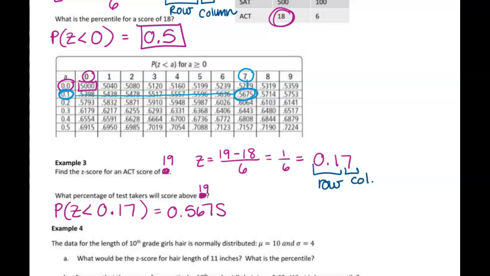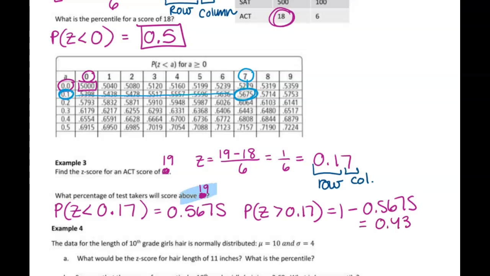But now what we wanted to know is what percentage of test takers will score above 19. Well, if about 57% score below, basically the rest of them will score above. So probability that z is greater than 0.17 is going to be 1 minus what we just got, which is 0.4325, and it says what percentage, so we can just say 43.25%.